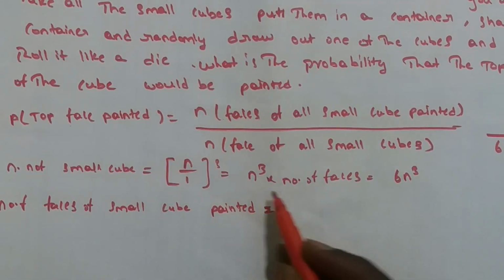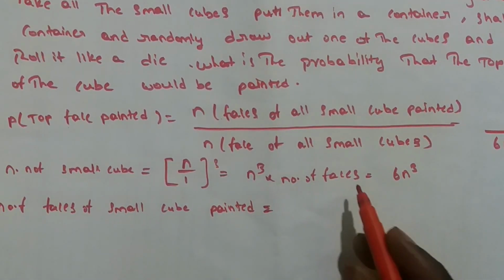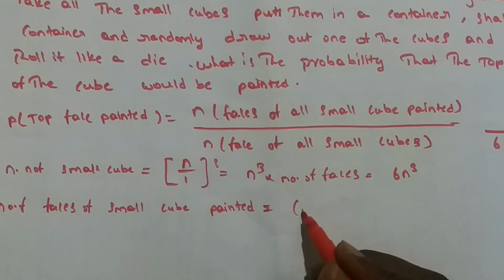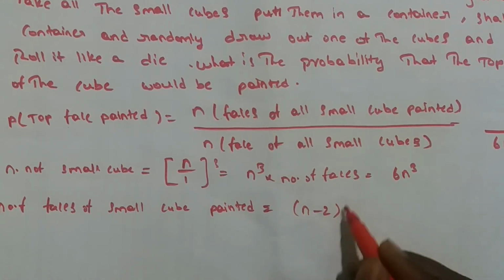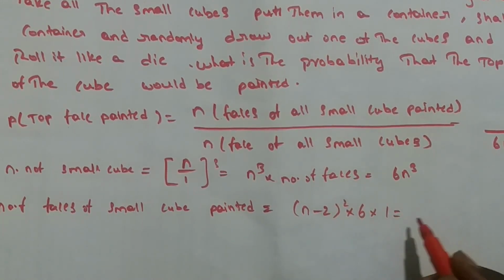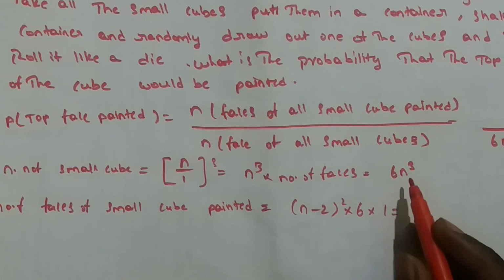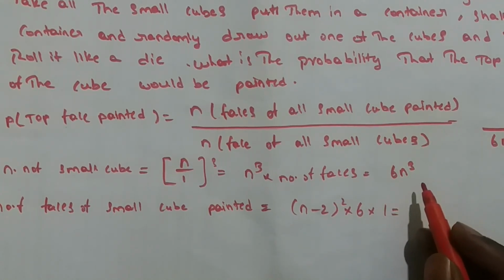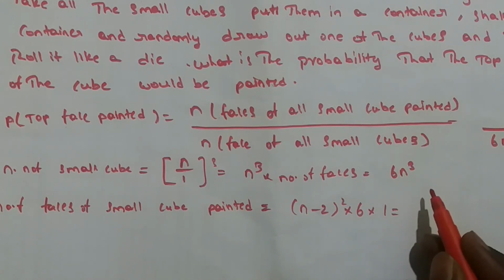Now one colored face is equal to (n minus 2) whole square into the number of faces of the cube, which is 6. So it is 6 into (n minus 2) whole square.